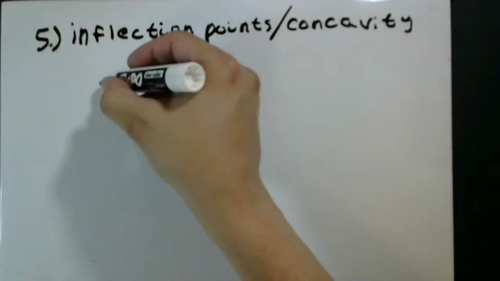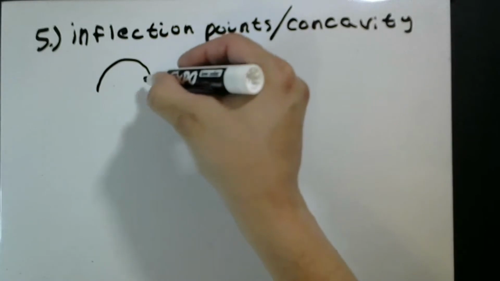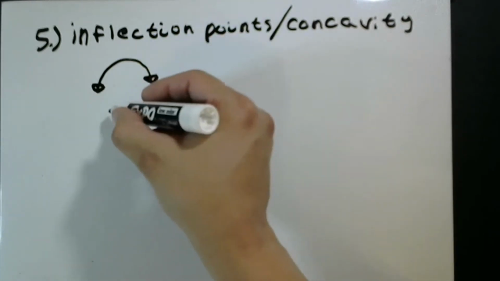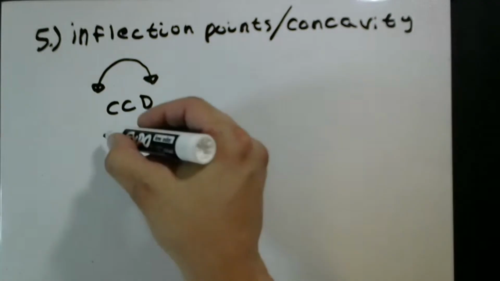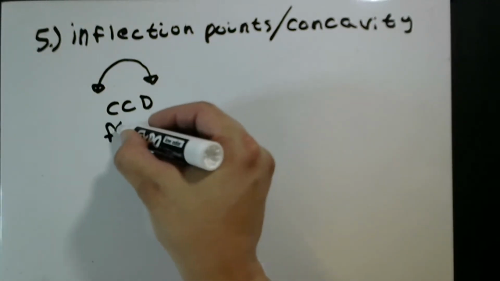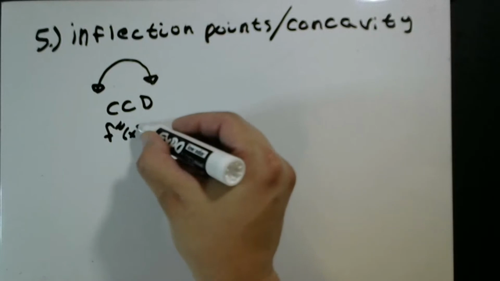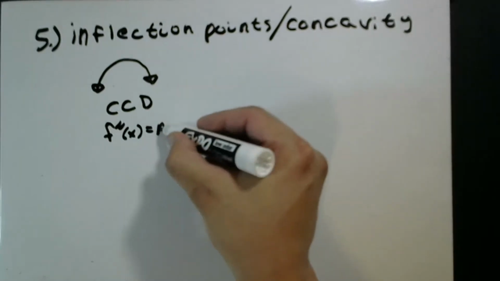So let's recall concave down. Concave down is when the second derivative is negative.